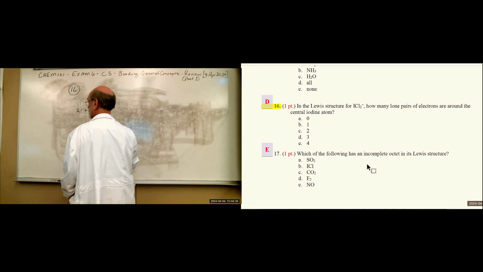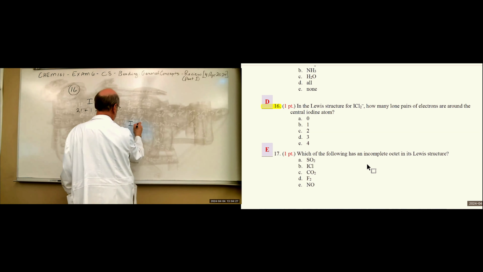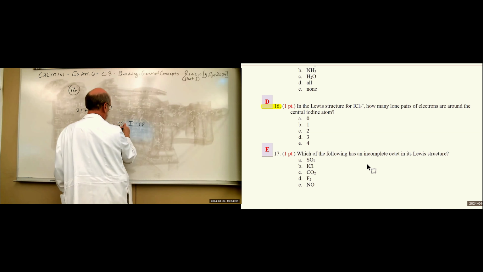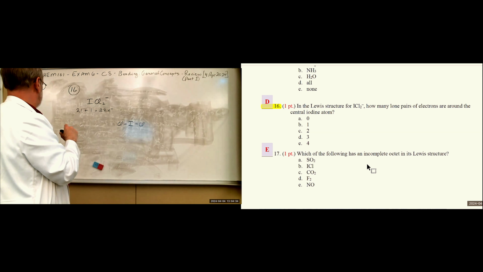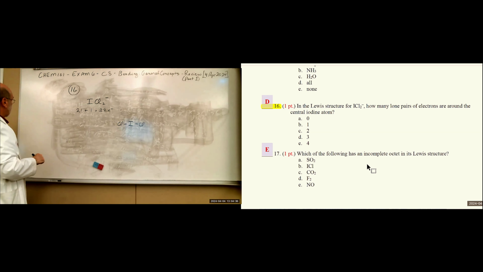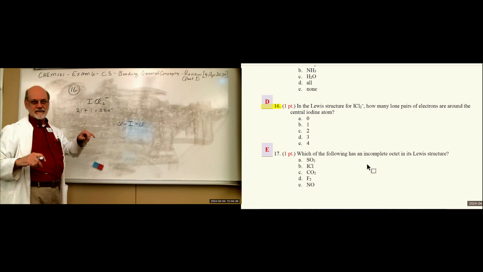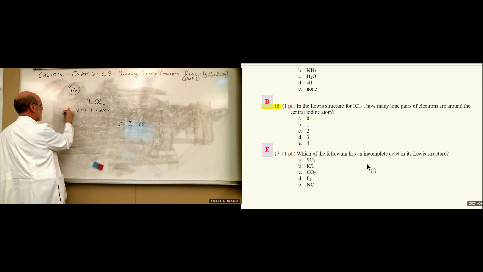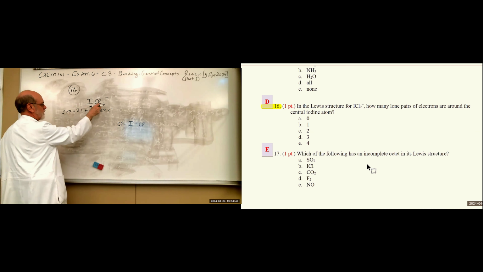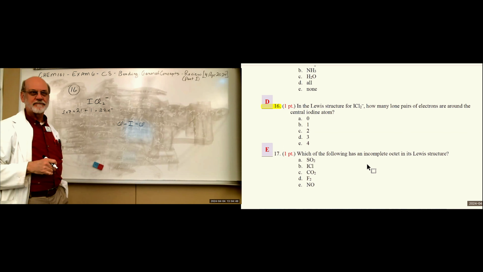Iodine's going to be in the middle. We have halogens. Yeah, they have 7 valence electrons. Sorry. 3 times 7 equals 21 plus 1 for the charge.